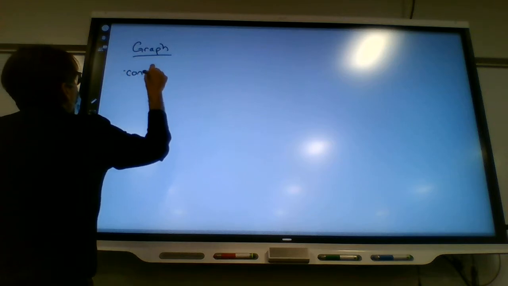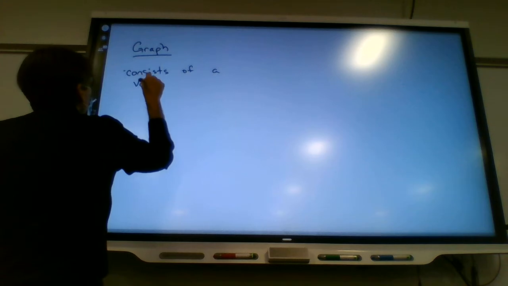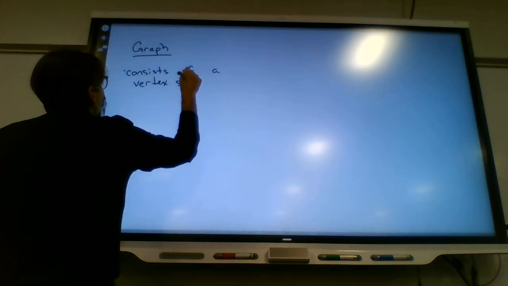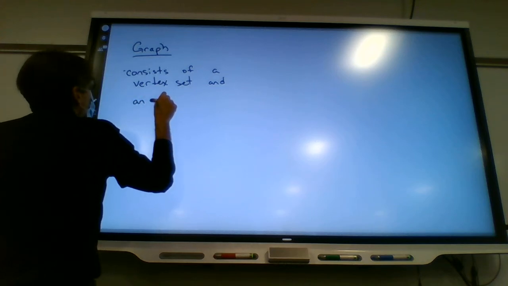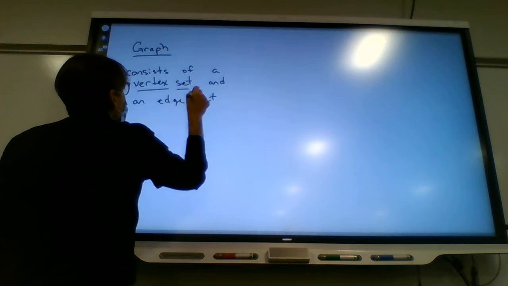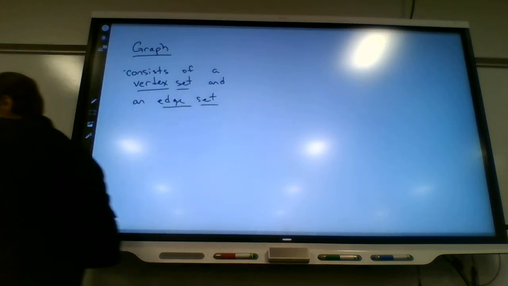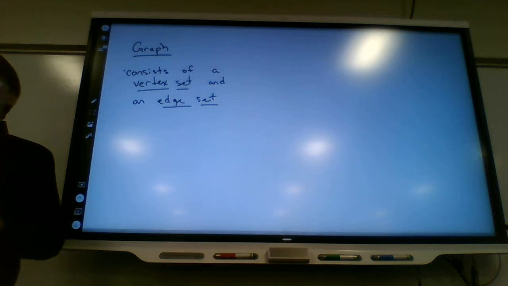So a graph consists of a vertex set and an edge set. A vertex set is just a set of objects. An edge set consists of pairs of those objects.